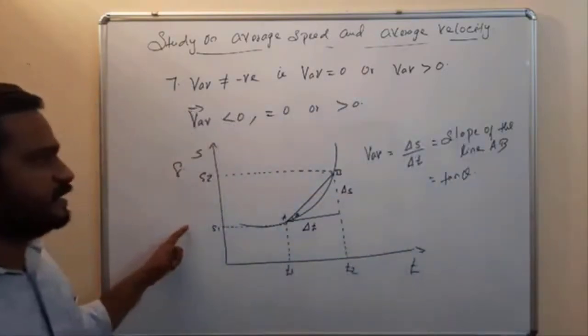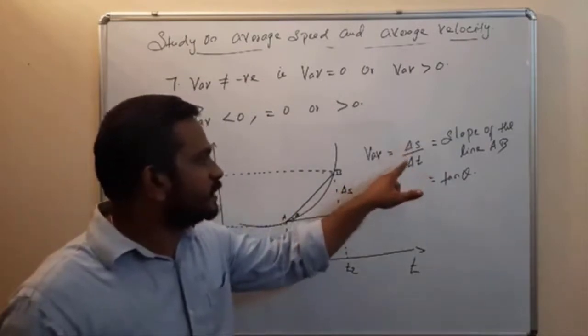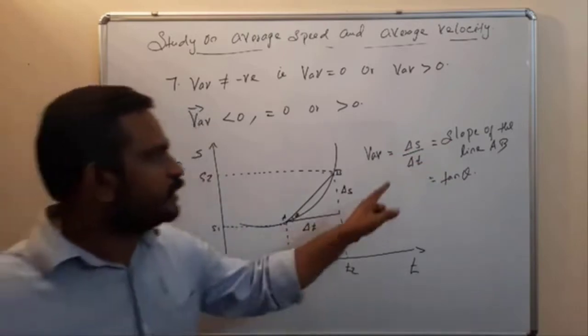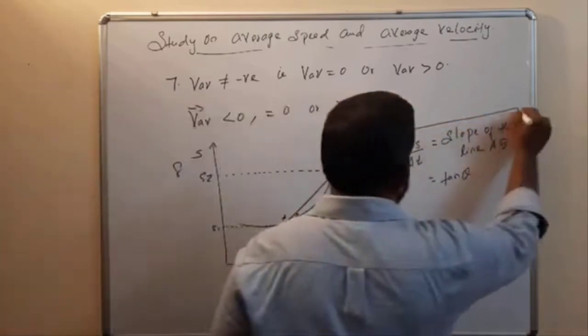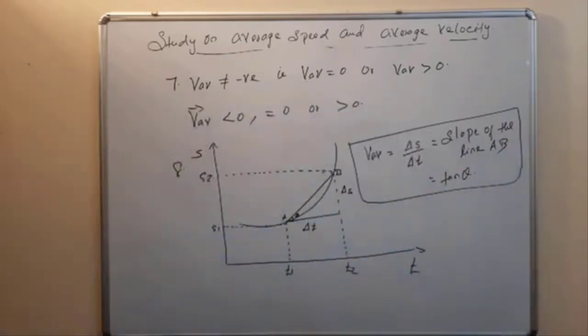So average velocity can be determined from this graph. Tan theta is very important. These are the points regarding average speed and average velocity.